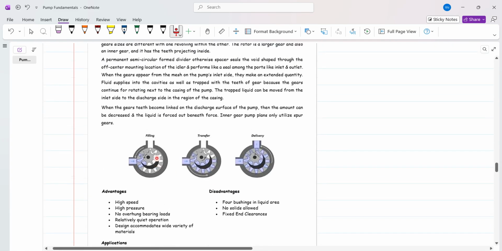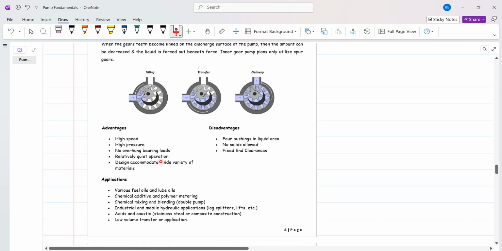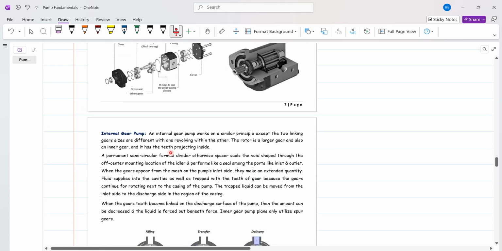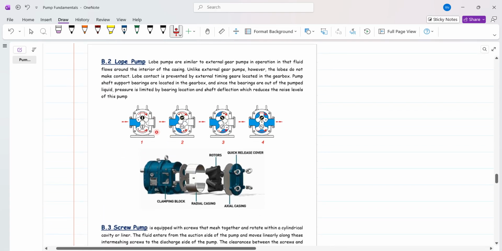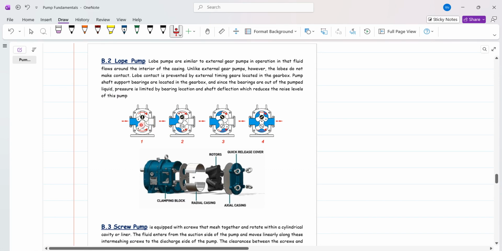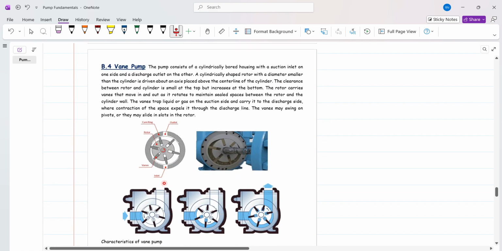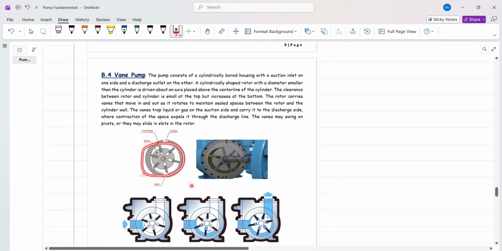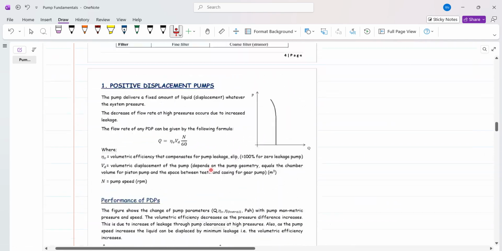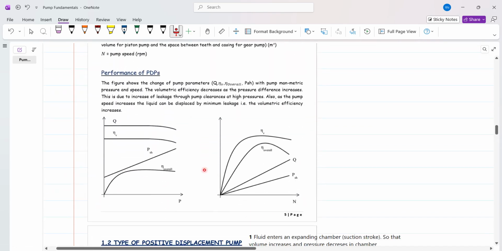This is the internal gear pump. The second is the lobe pump, whose structure is like this, the third is the screw pump, and the fourth is the vane pump. So these are the types of pumps.